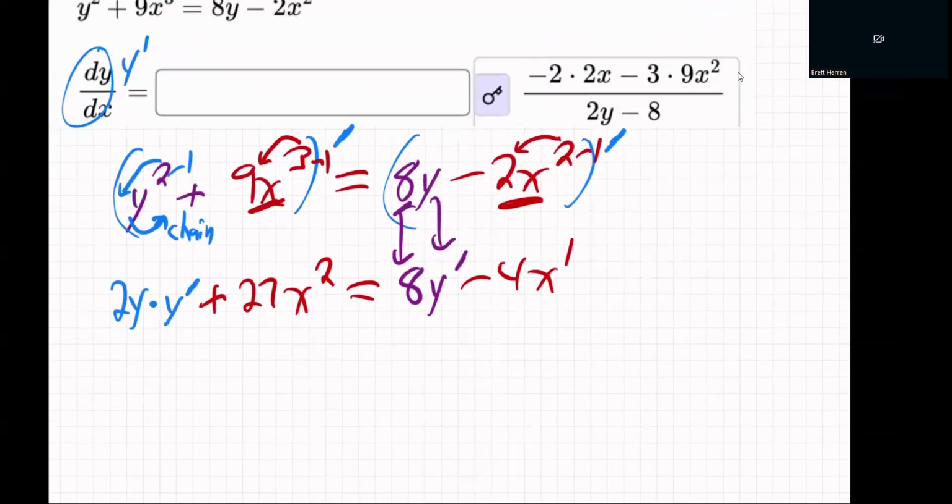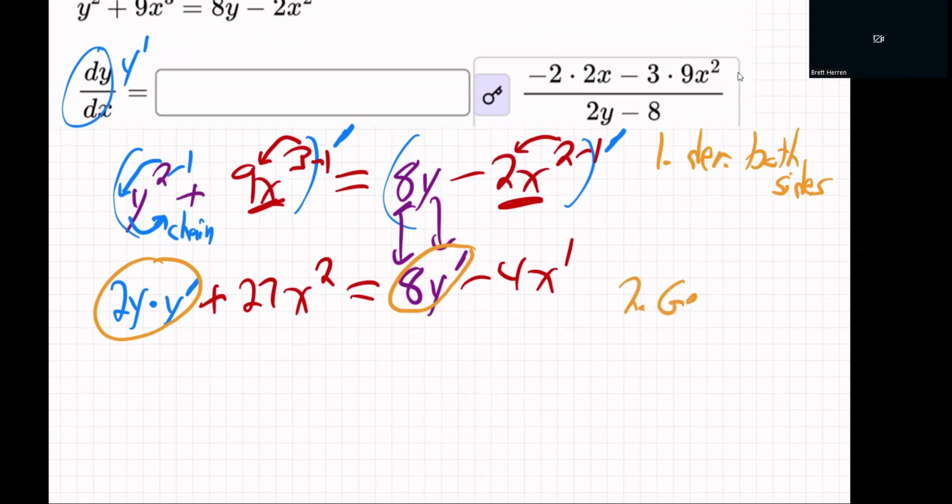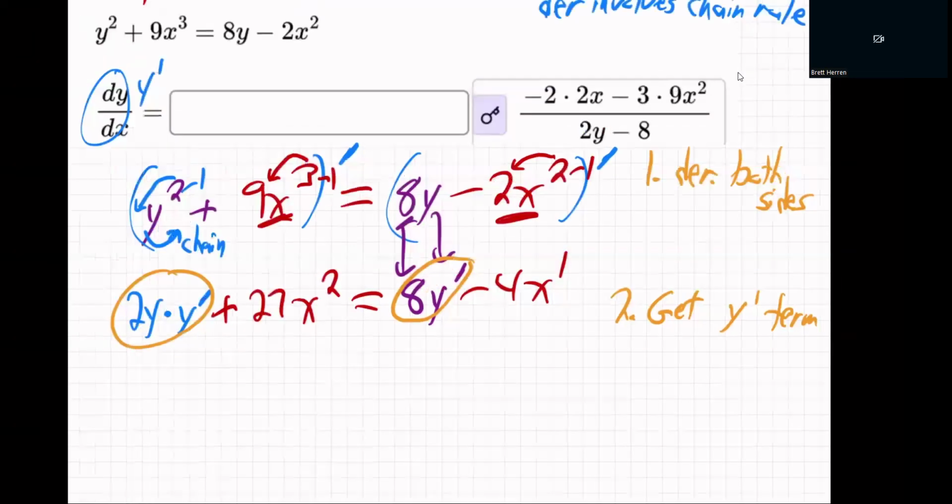Now notice this term has a y prime, and this term has a y prime. So step 1, take the derivative of both sides. Now step 2, get y prime terms on one side.